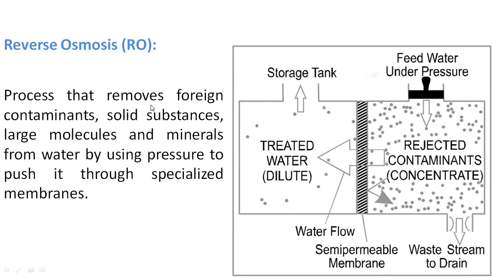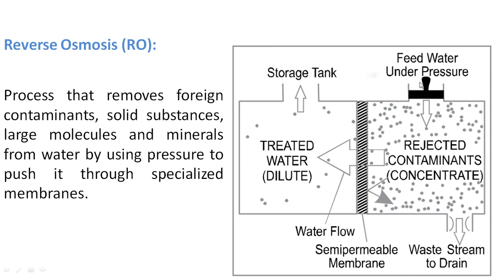Reverse osmosis, as the name suggests, is just the reverse of the osmosis process. The solvent that is present on the high concentration side is moved to the low concentration side. Osmosis is a natural phenomenon which does not require any external energy, whereas the RO process is not a natural phenomenon; it requires external energy, and this external energy is supplied in the form of high pressure.